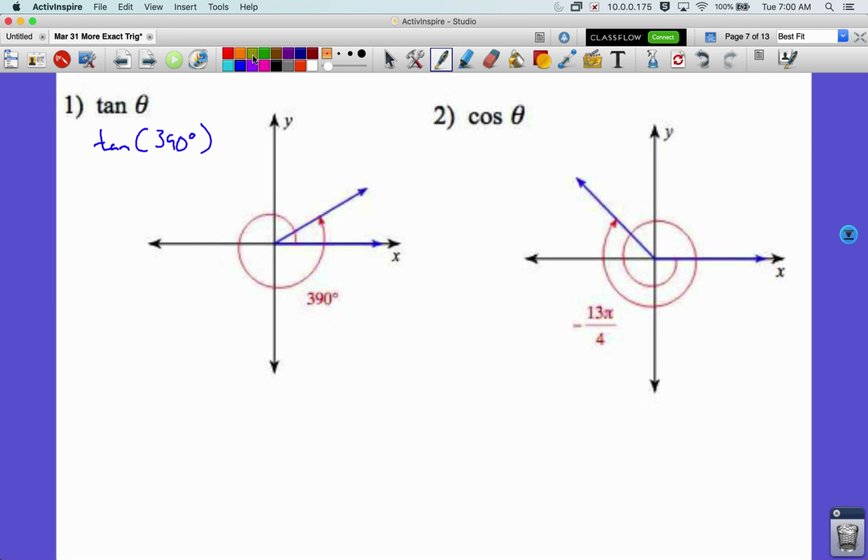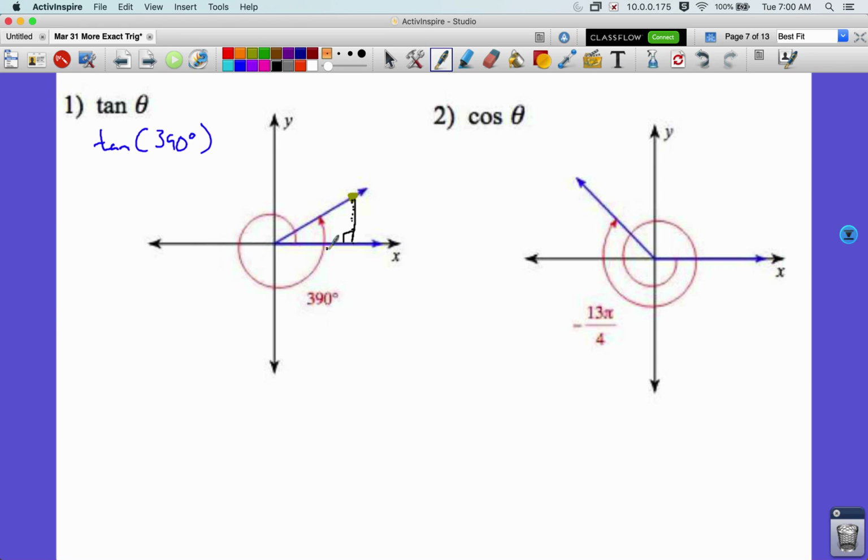So what we want to do to find this is put a point far out on that terminal side. And then we drop a line, like an anchor, straight down to our x-axis. All right, this constructs a right triangle, because if you go straight to the x-axis, the shortest path will always make a right angle. But what kind of special triangle did we just make? Well, we got to look at the 390.